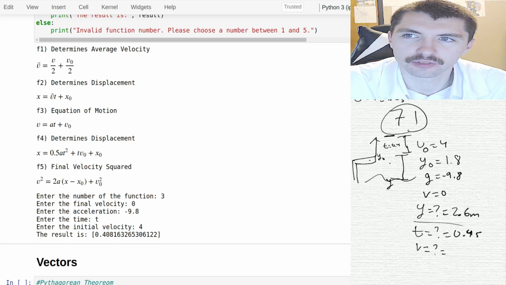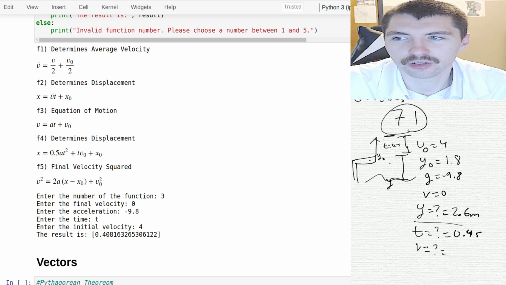So, final velocity. Okay, so we found this is y. So we really just found this distance. It's 2.6 meters, but we need to find this.